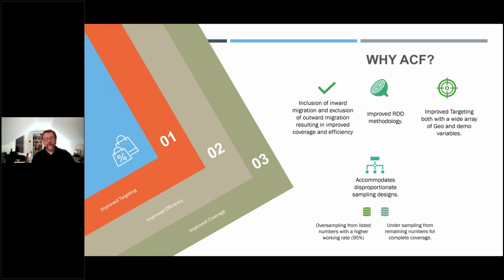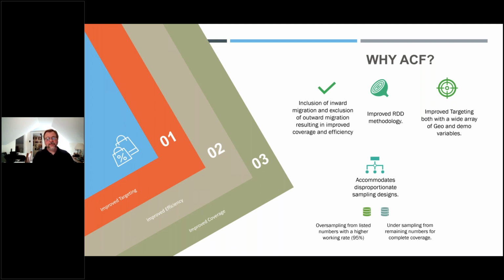This frame also accommodates disproportionate sampling. You can create an RDD frame and put all the listeds in one bucket and all the not listeds in a second bucket, and then you can sample each bucket disproportionately.